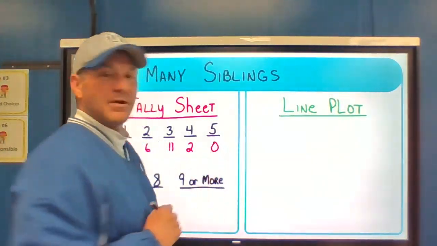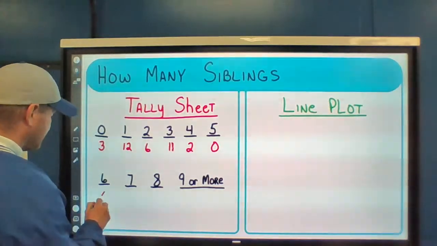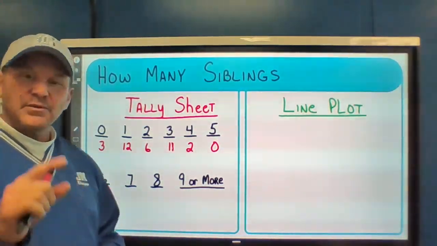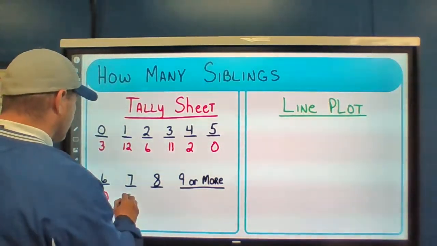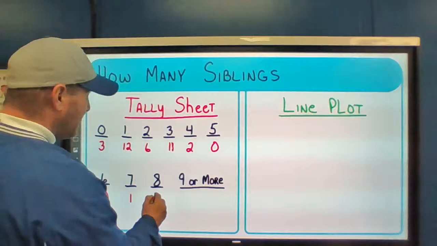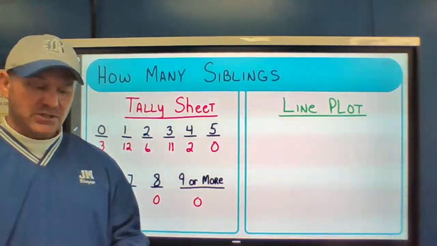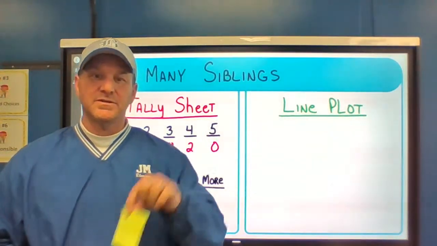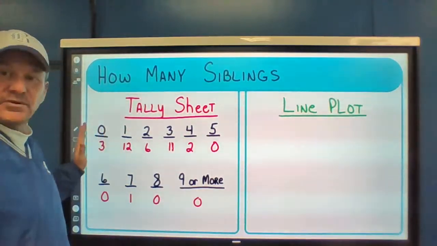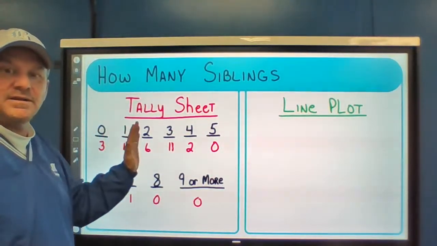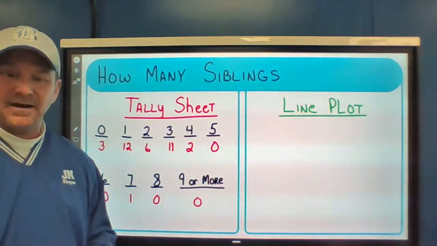And nobody has 6 brothers or sisters. However, there was 1 person that had 7 siblings, so we would put 1. Nobody had 8 brothers or sisters, and nobody had 9 or more. So from the questions that you answered, I'm able to create a tally sheet based on how many of you had 0 brothers or sisters, 1, 2, 3, 4, and so on. So you can see that we have all of that there.